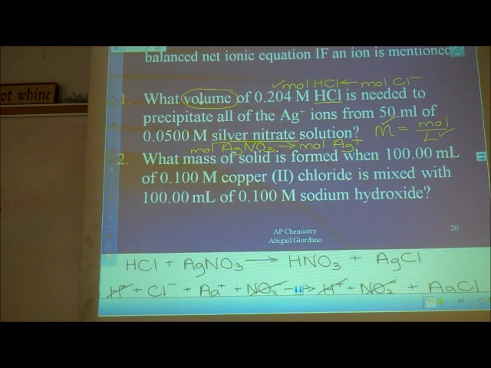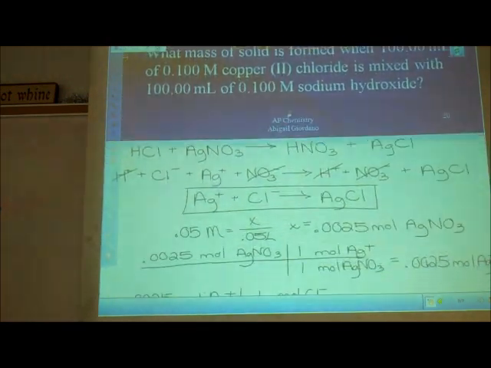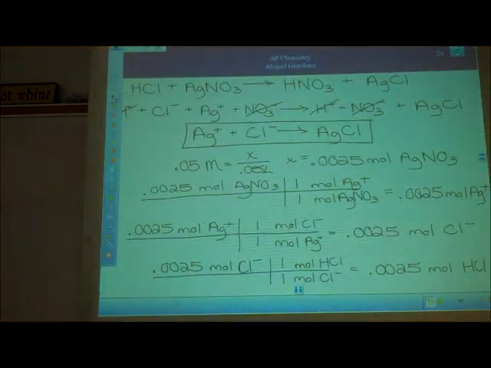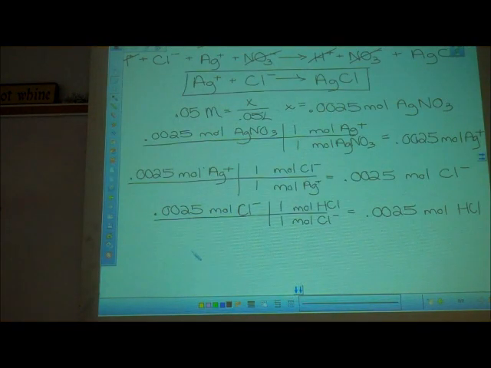Can I solve the problem now? Yes or no? Yes. Molarity equals moles over X.